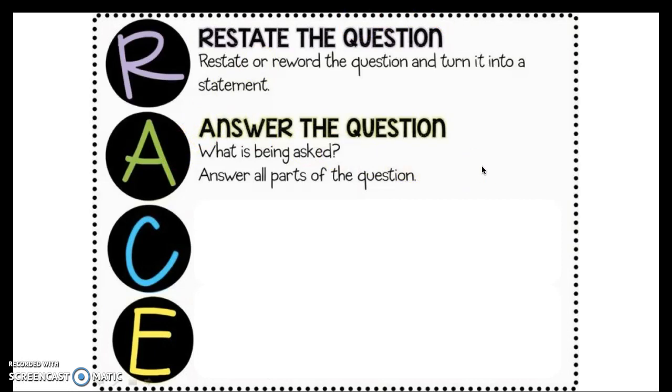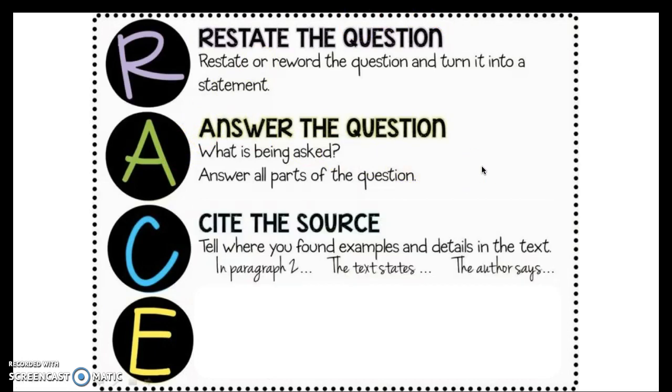The next one is going to be C, where we're going to cite the source. This is kind of like what we did with the ABC format where we back it up. Basically, you're providing your evidence from the text, okay? You're telling me what the text says. You're telling me what the story says. You're telling me your example from the story or from the text.